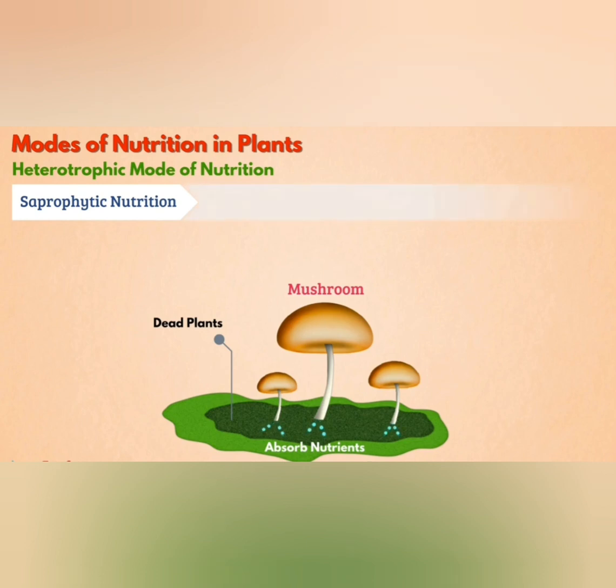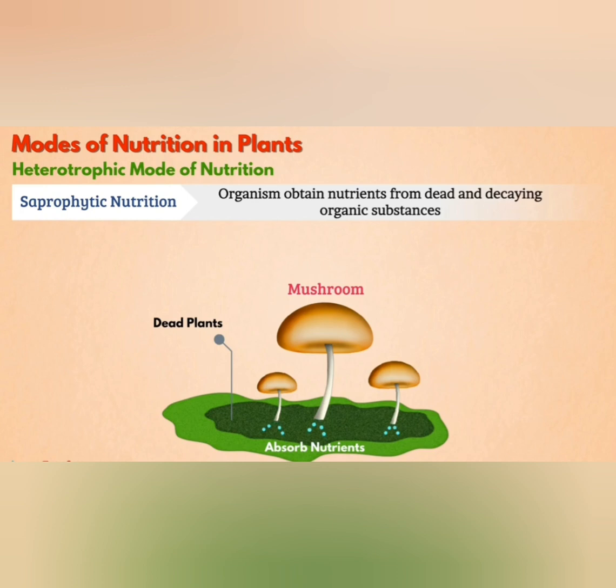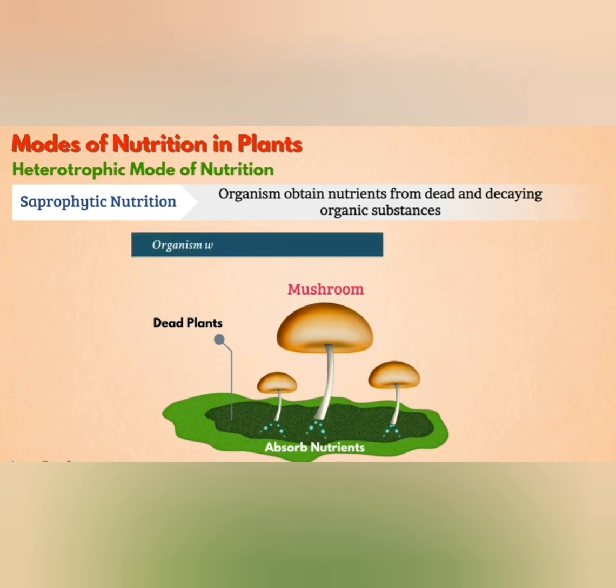Such type of nutrition in which an organism obtains nutrients from dead and decaying organic substances is called saprophytic nutrition. And the organisms that show this mode of nutrition are called saprophytes.